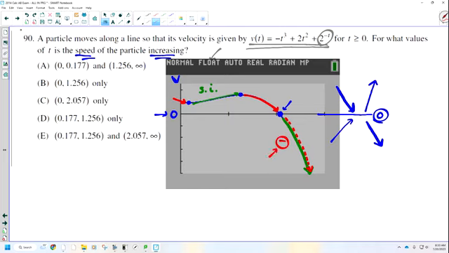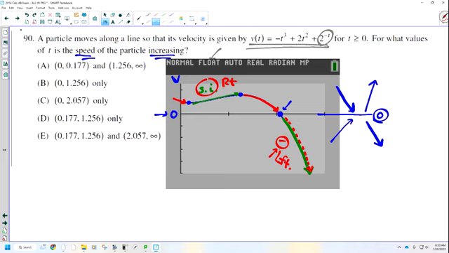When I look at this one up here, it's positive. It's above the x-axis. That means I'm moving to the right and speeding up. This means I'm moving to the left and speeding up. So anytime I'm moving away from the x-axis, that means I'm moving away from a speed of 0. That means I'm speeding up.